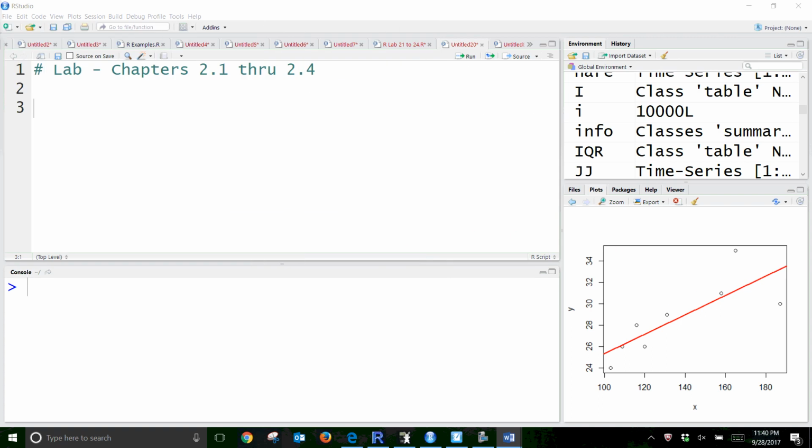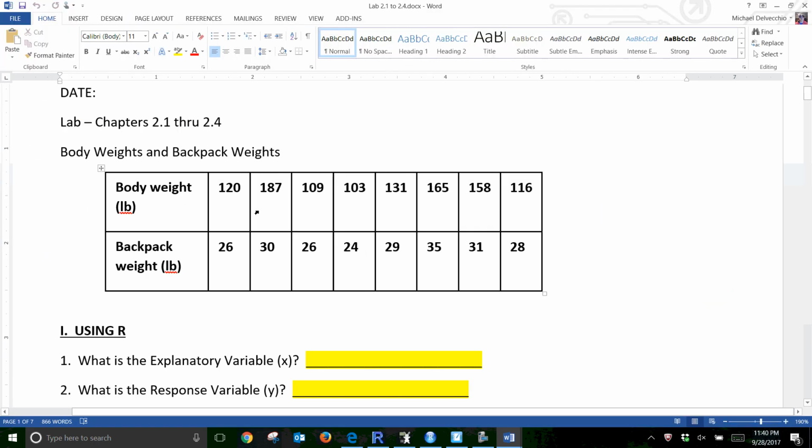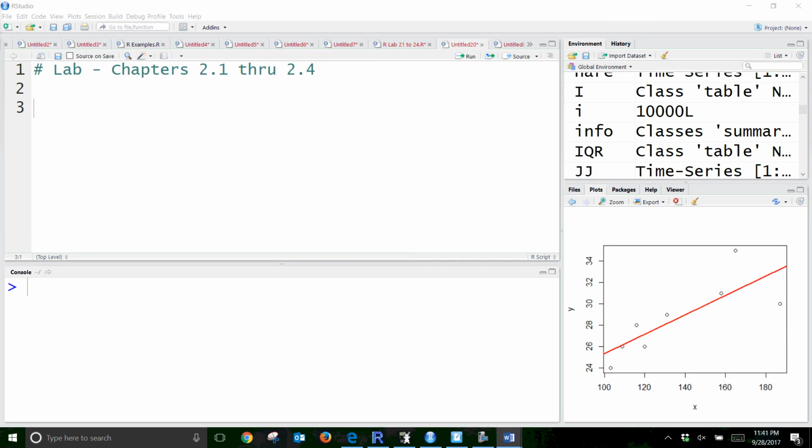So the first thing it asked us was, what is the explanatory variable x? So here we decided it was going to be body weight, and the response variable was going to be backpack weight. So I'm going to call my body weight x and my backpack weight y. And we're going to go ahead and put these into R as a list. Again, we'll call it x, and we'll go ahead and put those weights in.